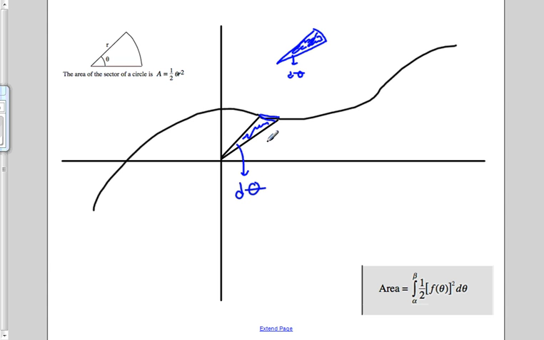So the area of a sector, using this equation that we just found or remembered, instead of A, let's say dA, because it's a little small area. dA equals 1/2, and instead of theta, it's a little change in theta, so d theta times r squared.